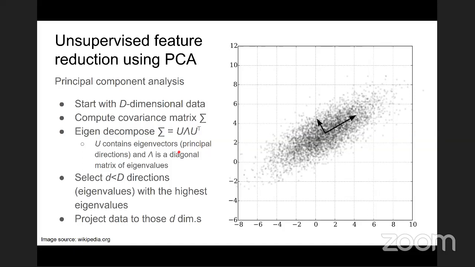Orthonormal means each column is unit norm, and each column's dot product with another column is going to be 0. They are going to be orthogonal directions, at 90 degrees to each other in the capital D dimensional space. And then lambda is going to be a diagonal matrix, and each diagonal element will tell you, for the corresponding direction encoded in the columns of U, what is the spread of the data, the variance of the data, along that direction.